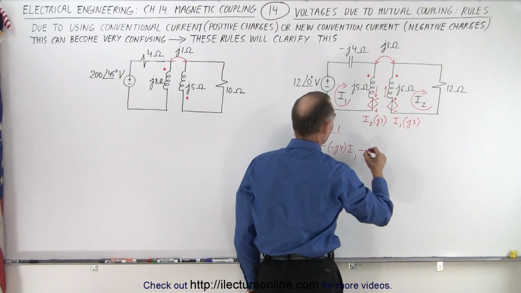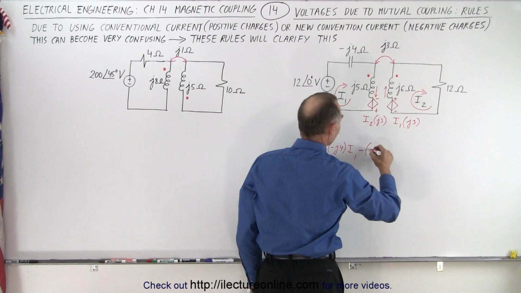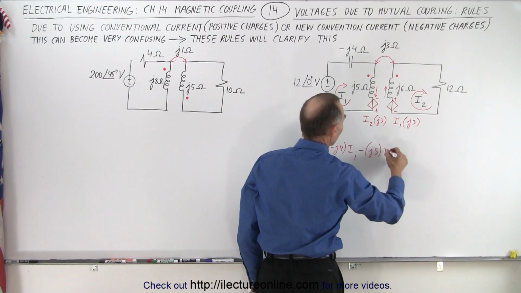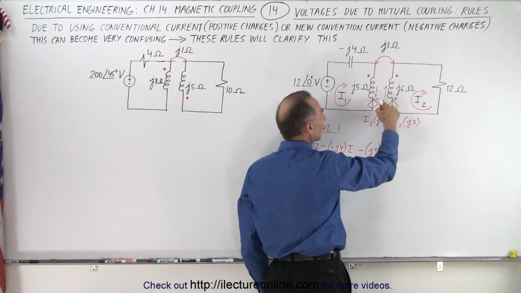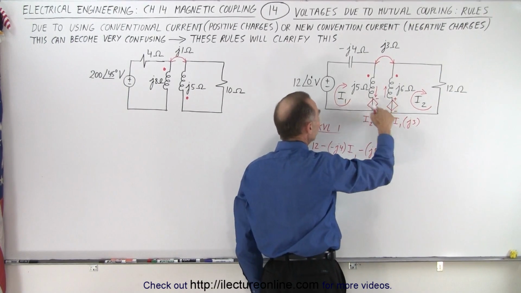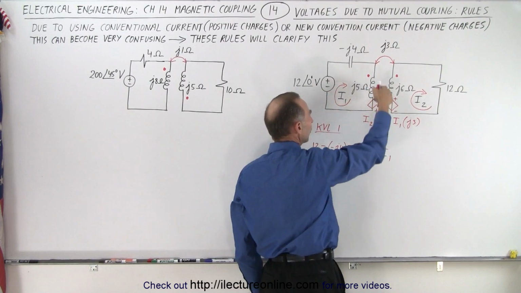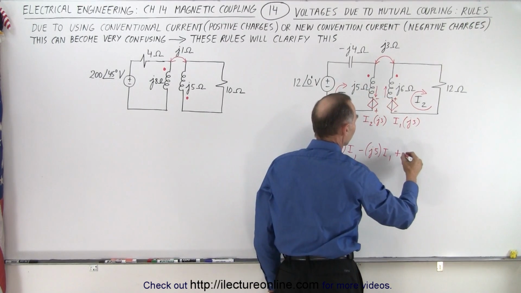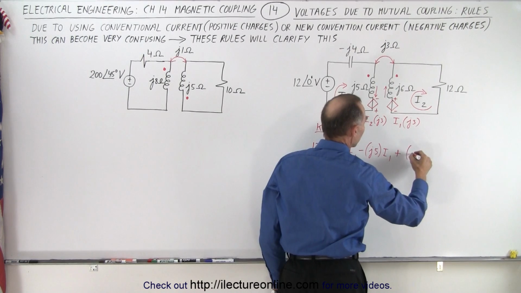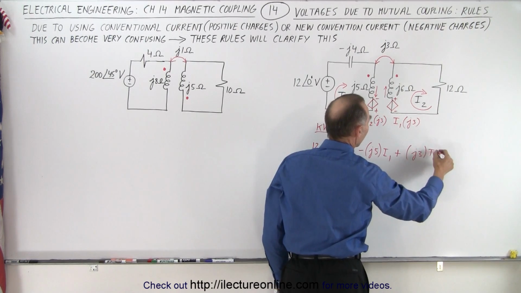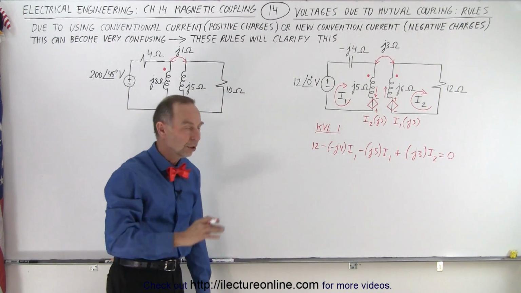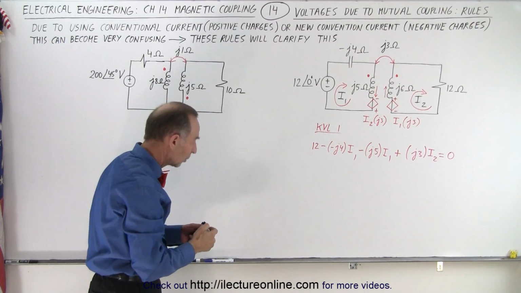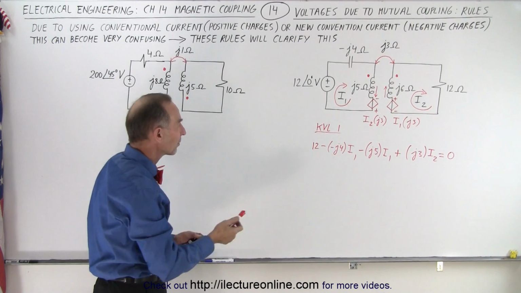That would be minus j5 times I1. And then here we have a voltage rise, because you see from negative to positive, this is a voltage rise, and it's going to be plus j3 times I2, and that should add up to 0. So that's how we determine the voltage sum around the entire loop.